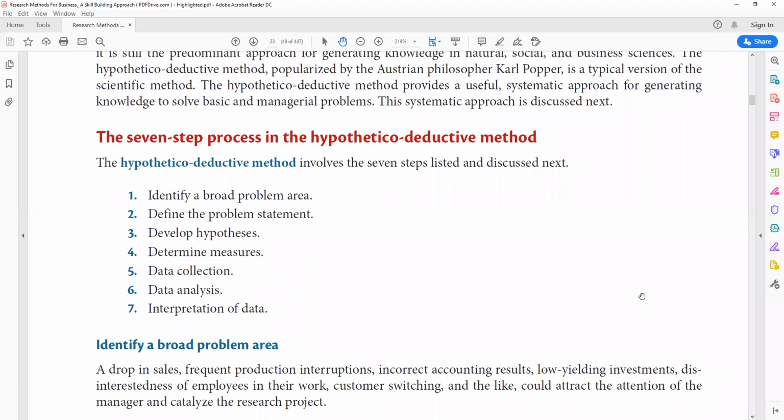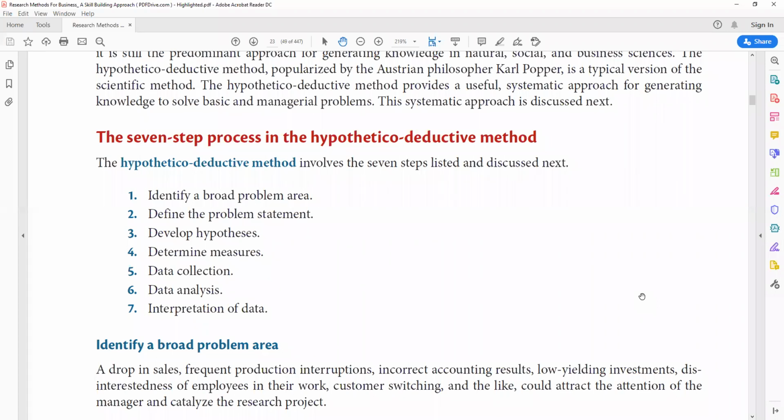The examples that I've given relate to the problems that are faced by organizations. But there might be a time when you are conducting basic research, maybe research for your own thesis. How do you identify a broad problem area in that context?